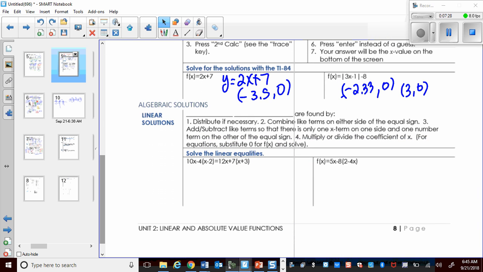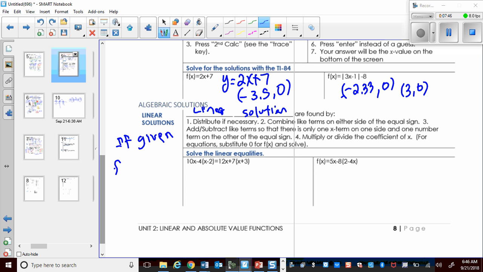Just follow the steps. Now, when you're looking for linear solutions, first thing you need to check, don't read the steps yet: if you're given f of x equals, or y equals, you're going to change f of x to equal 0 or y to equal 0.